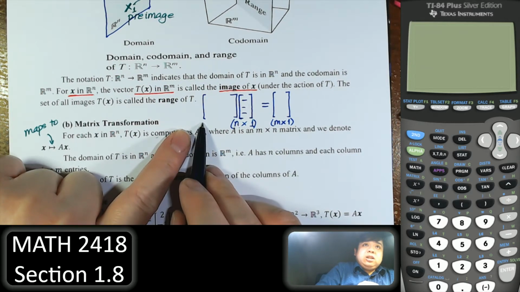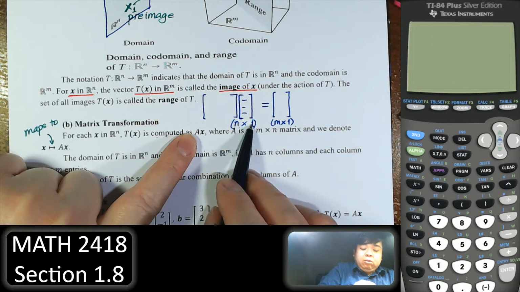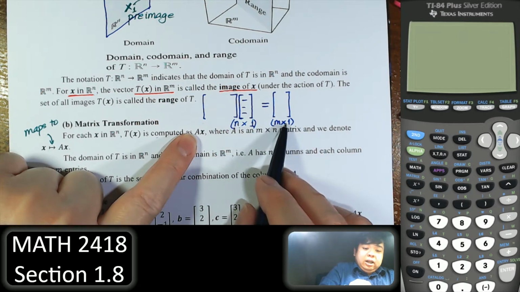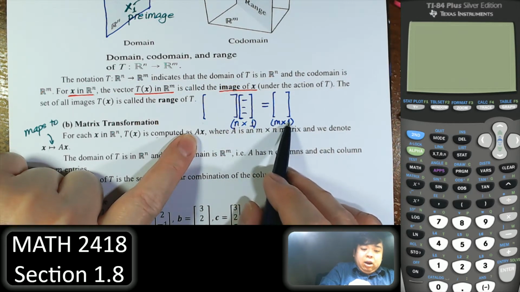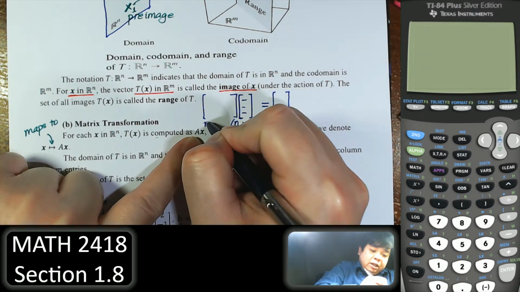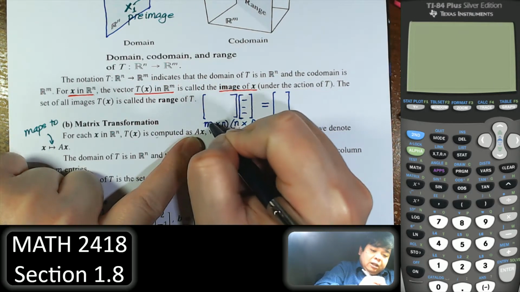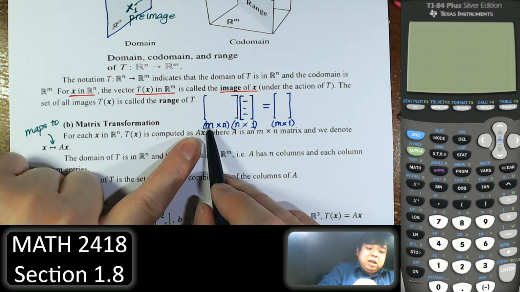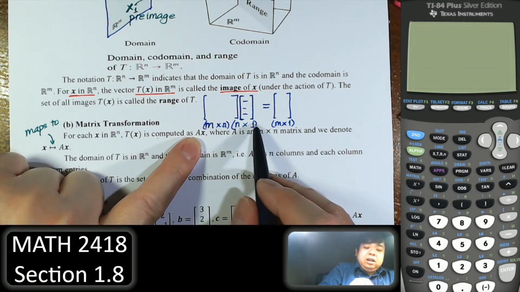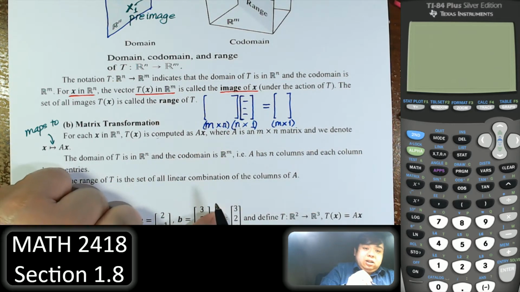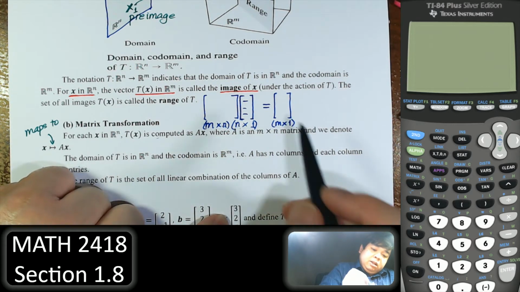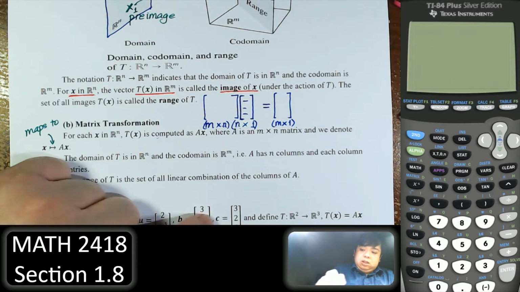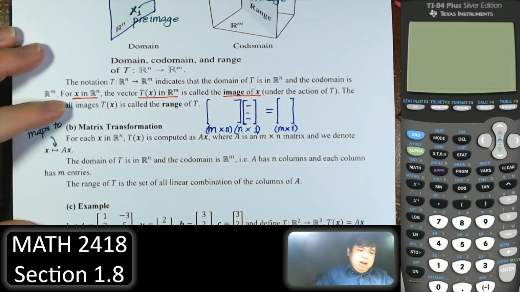So the matrix, in order to multiply an n by 1 and give us m by 1, has to be m by n, because the middle numbers must be the same. Then the outside numbers, m by n, give us the dimension of the product.